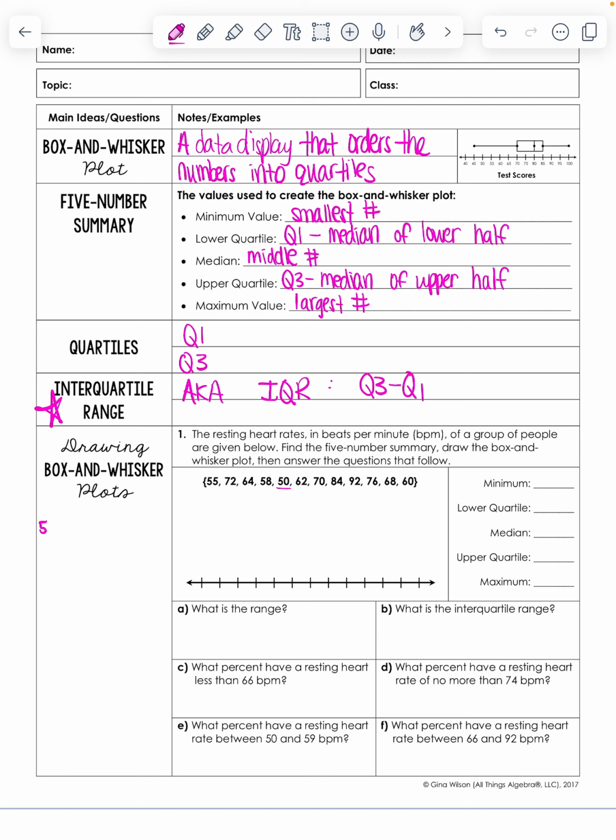So we've got 50, and then 55, 58, 60, 62, 64, 68, and then 70, 72, 76, 84, and 92.